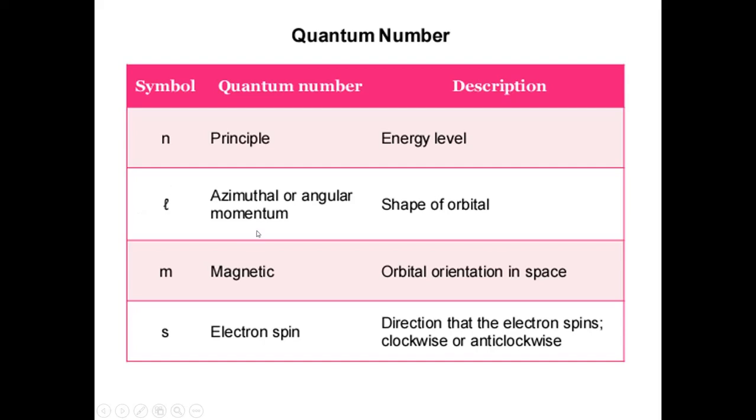And L we call azimuthal or angular momentum, and it describes the shape of the orbital. And M is the magnetic quantum number, and it describes the orbital orientation in space, and S is electron spin, the direction that the electron spins. Is it clockwise or anti-clockwise?